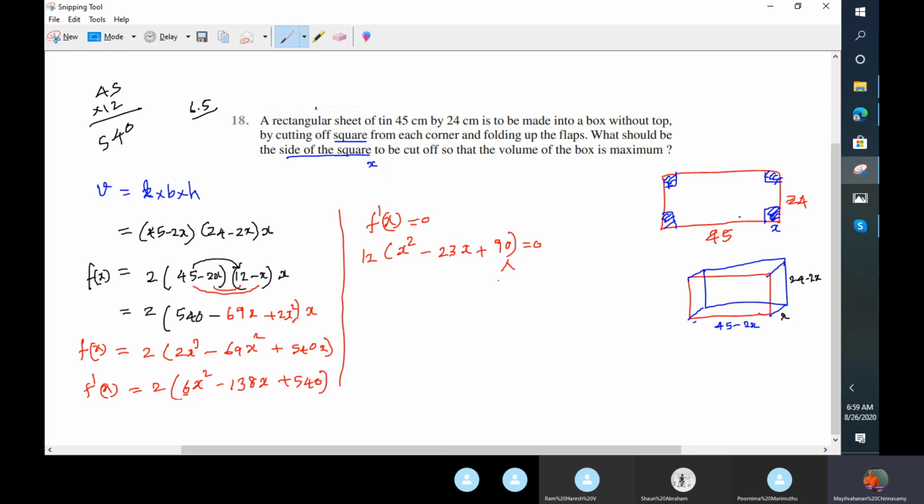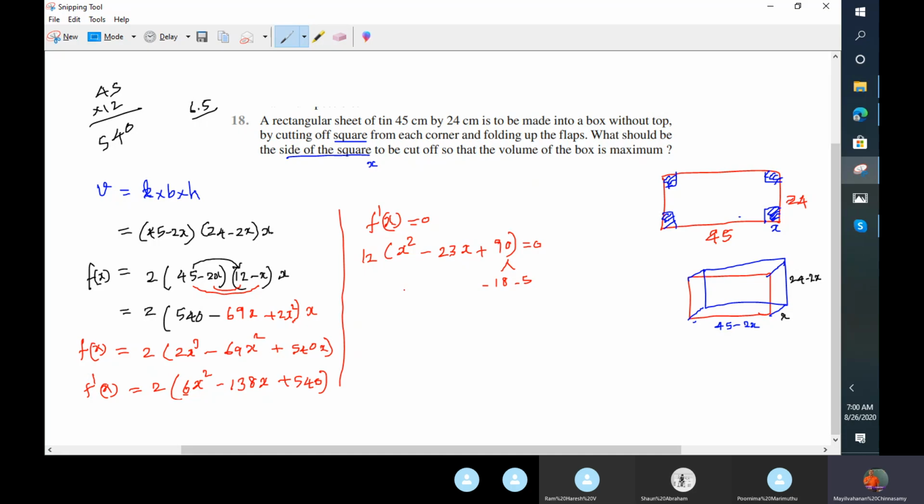Now the product of two numbers is 90, and we have to find 23 as the sum. 90 can be written as 9 into 10 or 3 into 30, or 18 into 5. 18 into 5 is 90, and we want 23, so minus 18 minus 5.